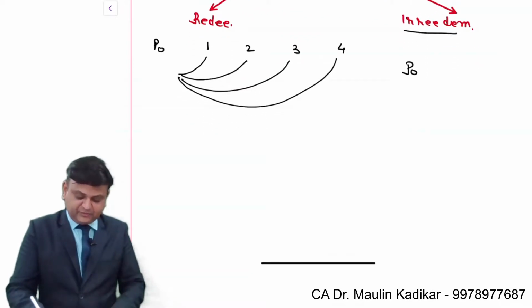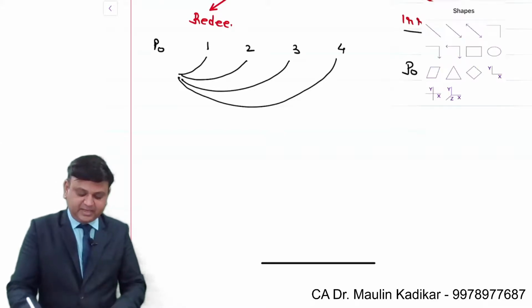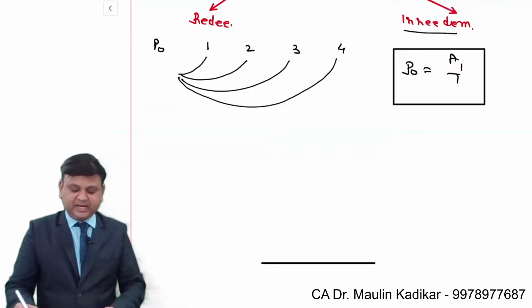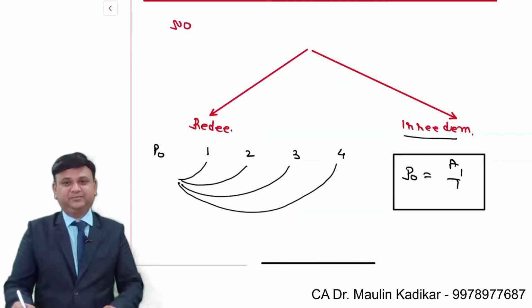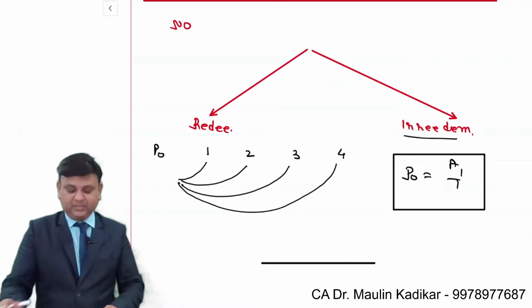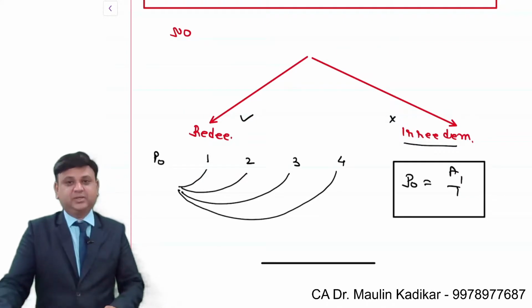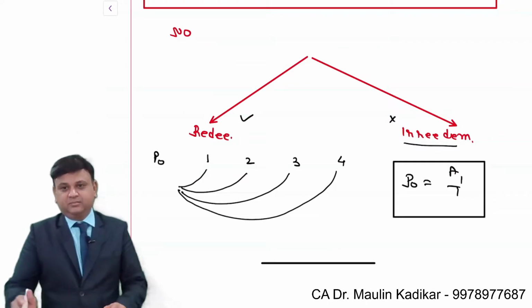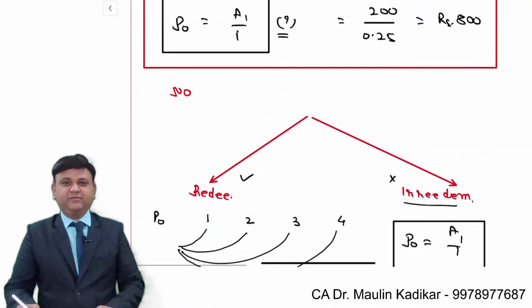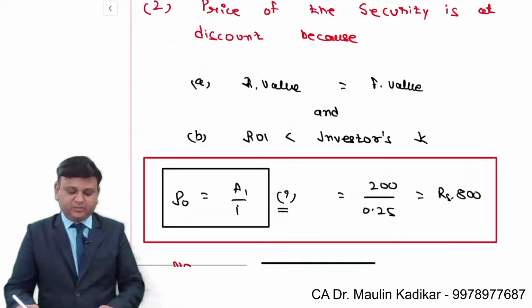We will apply the formula P0 is equal to A1 divided by I. That is the way we calculate P0. So in this question, we have gone with the first method and not this method.